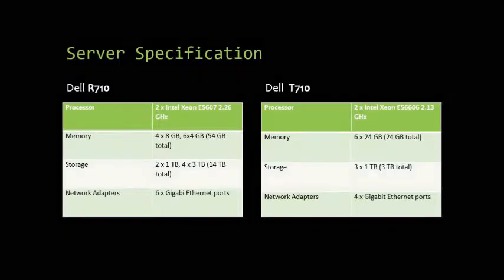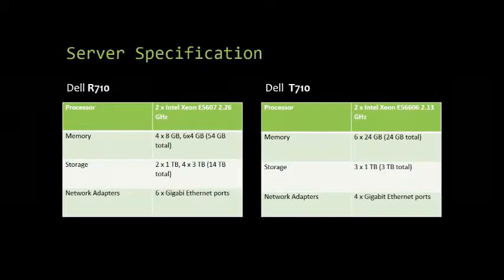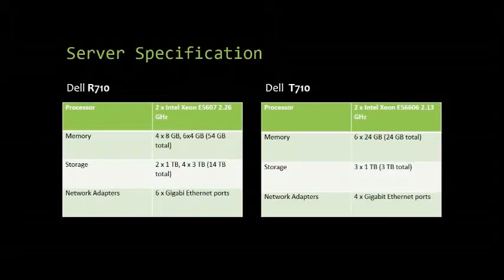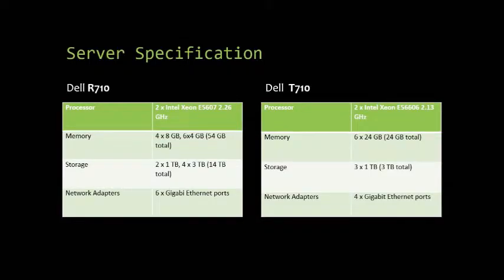And the T710 has a processor of Intel Xeon E5606, 2.13 gigahertz, 24 gig of memory, 3 terabytes of storage, and 4 gigabit Ethernet ports.